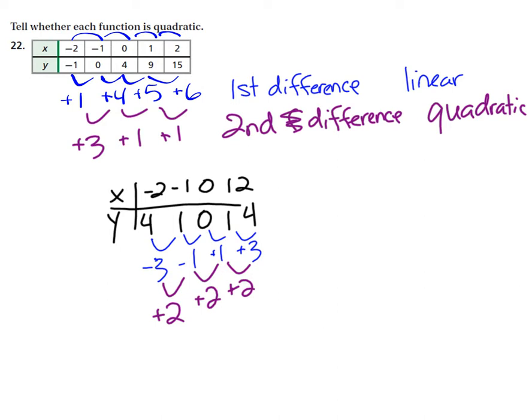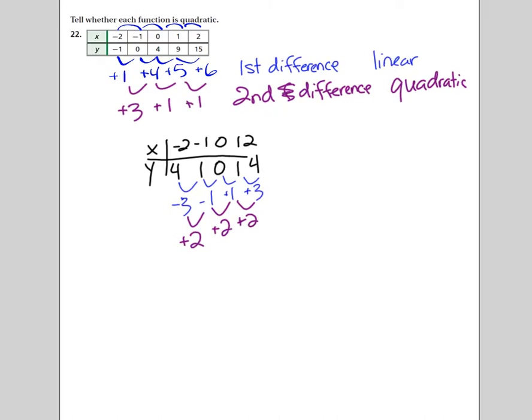So we go to the second difference, or the difference of the first differences. Because remember, earlier in the year, if we had x and y values to look like this, and we took that first difference, what would we get?